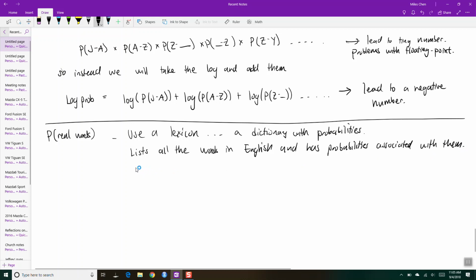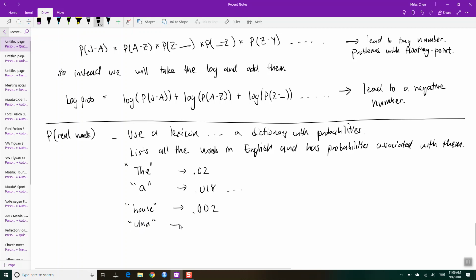So things like the word "the" might be, I don't know, 0.02 or something, right? And then "a" is like 0.018. These are made-up numbers. Whereas the word "house" is probably something like 0.002, and then an uncommon word, like "ulna," which is a bone in your wrist, arm, right?